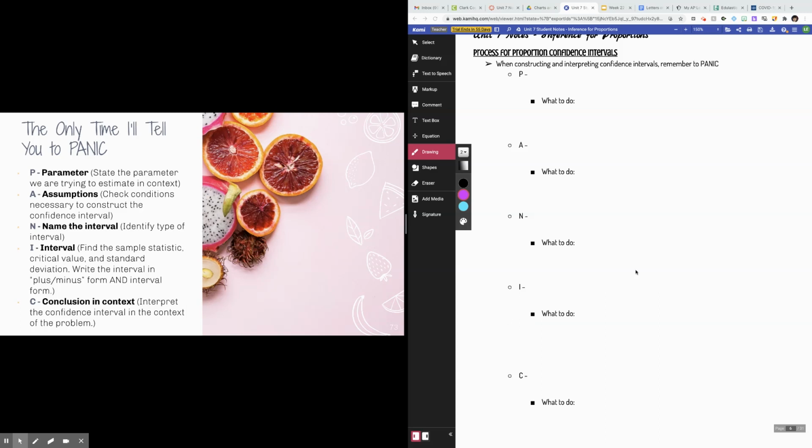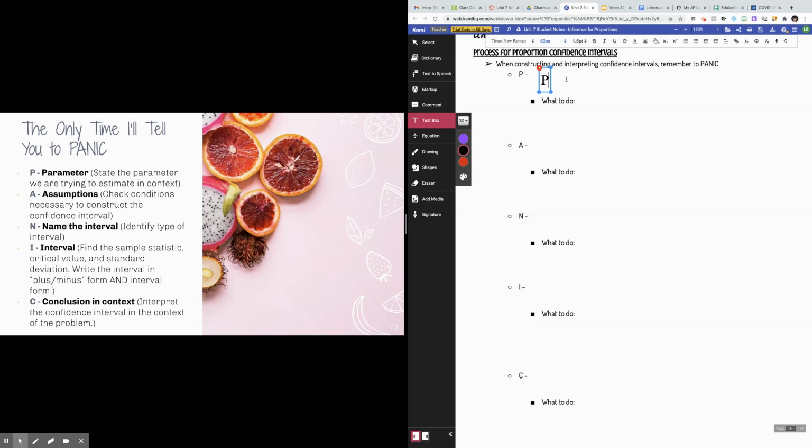If you do these 5 things, then you will hit every point that you need to hit, right? You'll cover everything that you need to cover and get all of the points for constructing a confidence interval on a free response question.